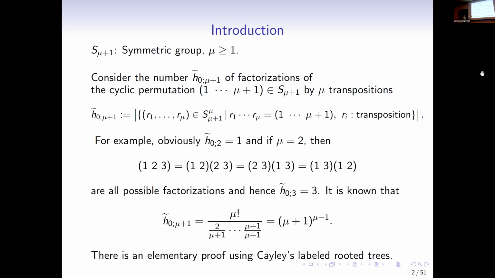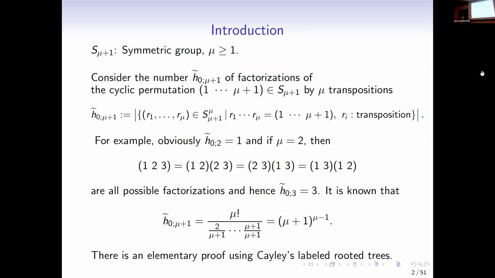First, consider the number of factorizations of the cyclic permutation by mu transpositions. This number. And for example, by this factorization, I mean this kind of factorization of this particular cyclic permutation.